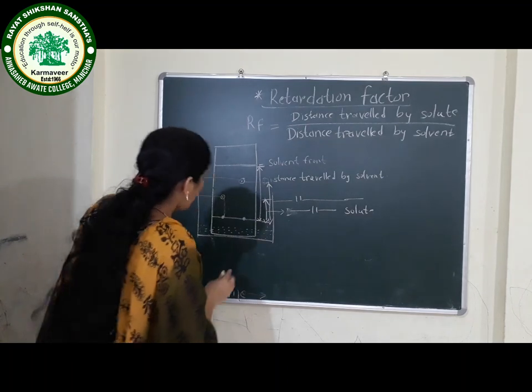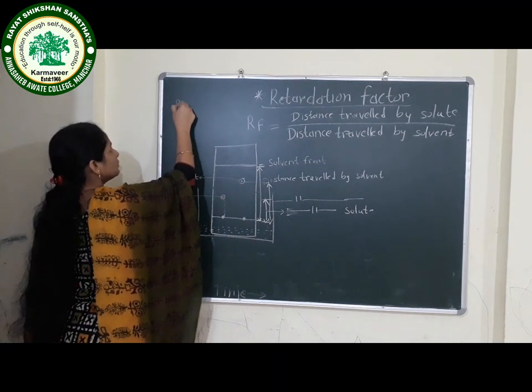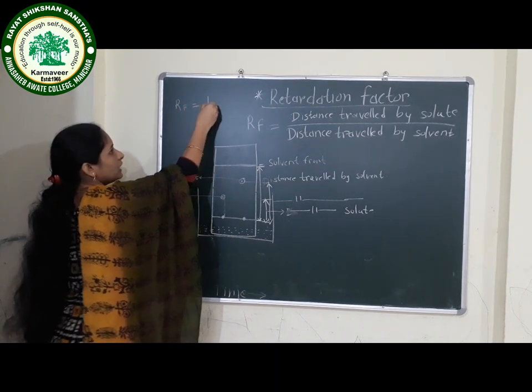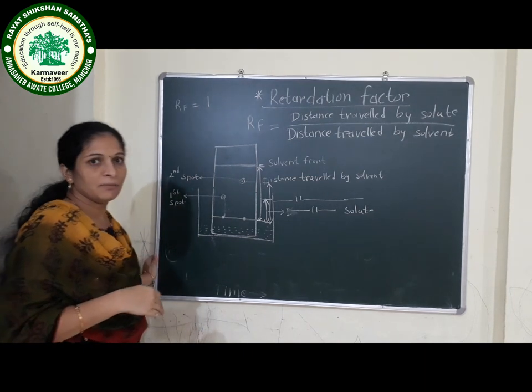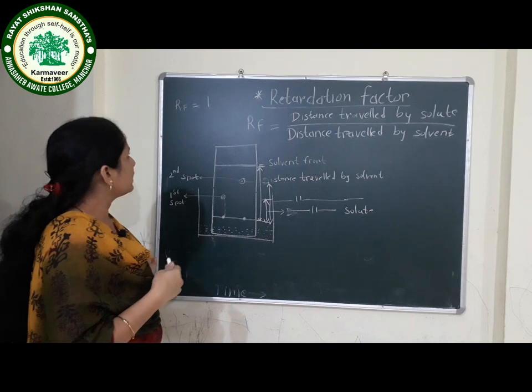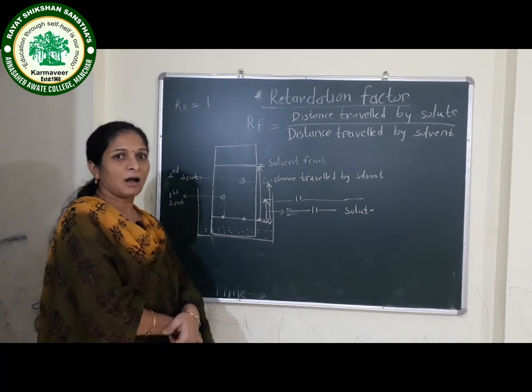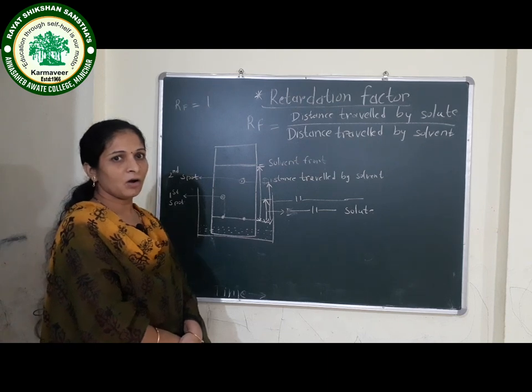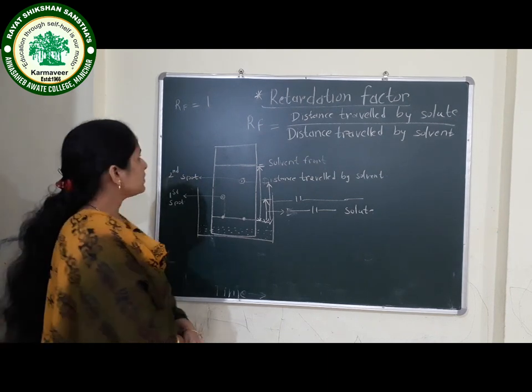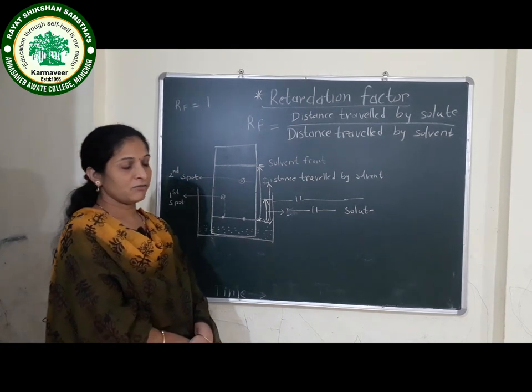Then if RF value is 1, then what happens? Then our stationary phase will be immobile, means there will be no separation. The components will adsorb over the stationary phase. They are not traveling with the mobile phase. It is the immobile stationary phase.